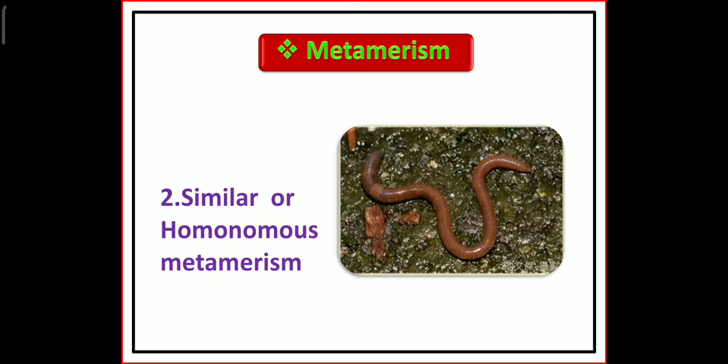When each and every segment is similar in structure and shape, this kind of metamerism is called homonymous or similar metamerism. These types of metamerism, or true metamerism, are found in the phylum Annelida. Both external and internal metamerism are found in the Annelida phylum.